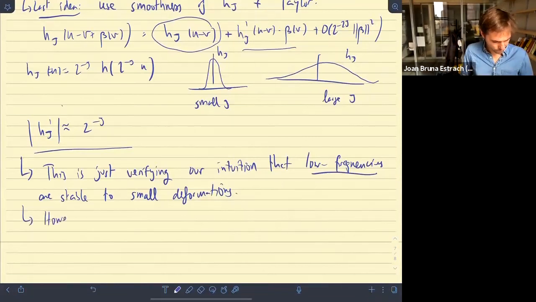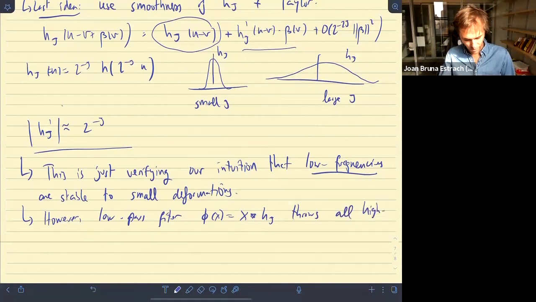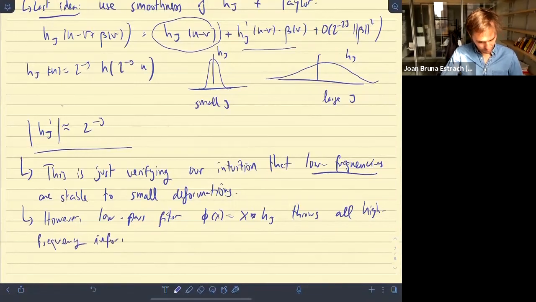However, a low pass filter of this form throws away all high frequency information.